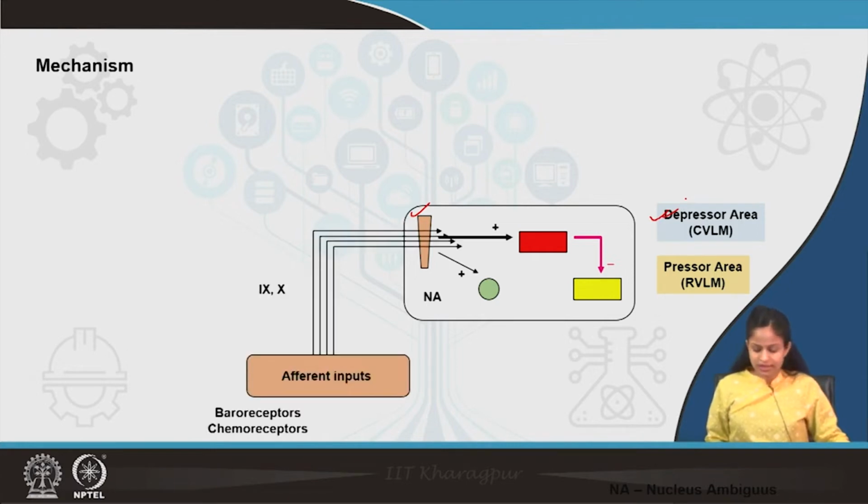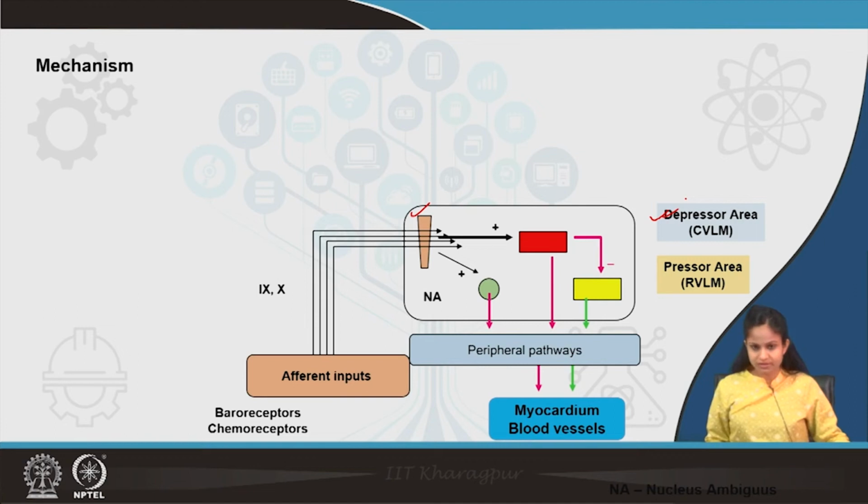caudoventrolateral medulla. Now, the afferent inputs are usually from the glossopharyngeal nerve and the vagus nerve, that is the 10th nerve. These afferent inputs are sensed by special receptors, that is baroreceptors and chemoreceptors. This we had already discussed.